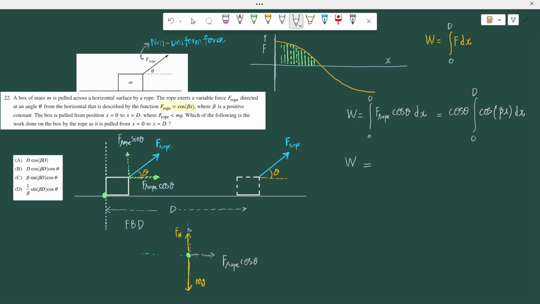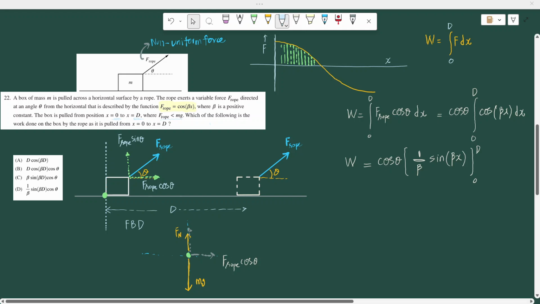So when you try to find the integration of the cos, that is equal to 1 over beta, this beta which is inside its power, and its integration is sine beta x, from 0 to d.